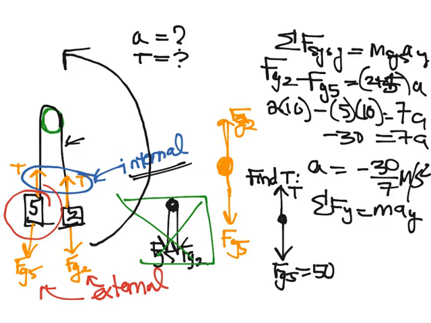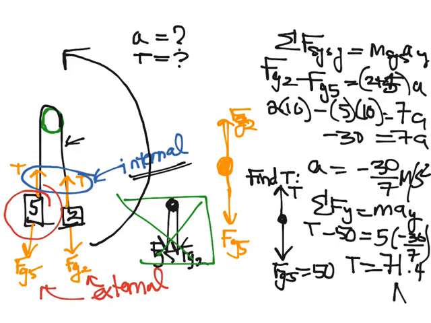I know that T minus 50 is equal to my mass, which is 5, times my acceleration, which is negative 30 divided by 7. And I can solve for tension. I find that T is equal to 71.4 newtons.